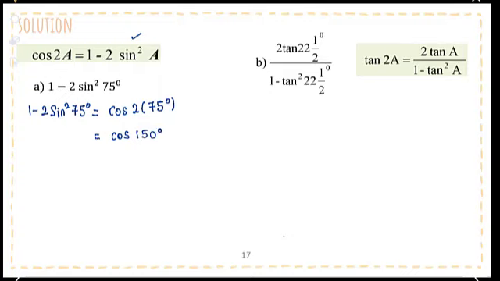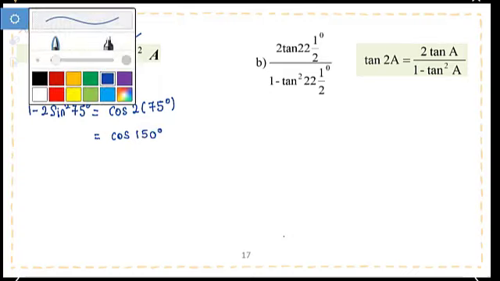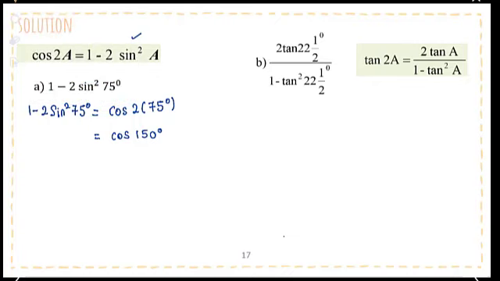But remember, 150 degree is still not any of our special angles. So what are special angles? 0, 30, 45, 60 and 90. These are the angles that we know the exact value.